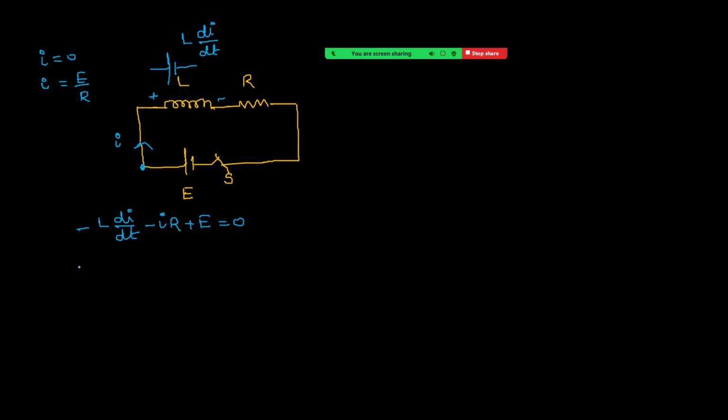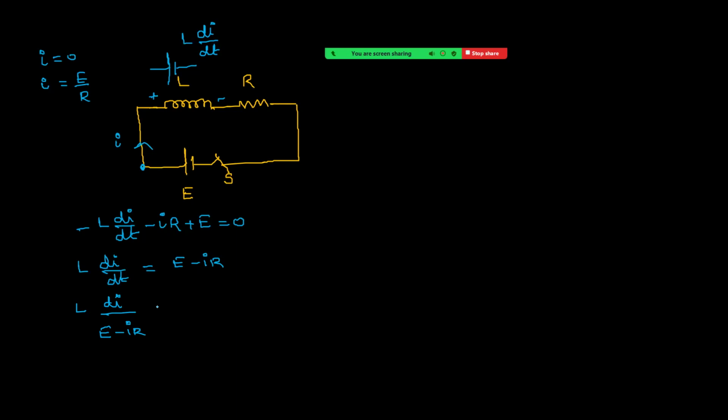So this I can write as L di by dt is equal to E minus IR. See carefully once: L di by dt is equal to E minus IR. Now this is L di by E minus IR.